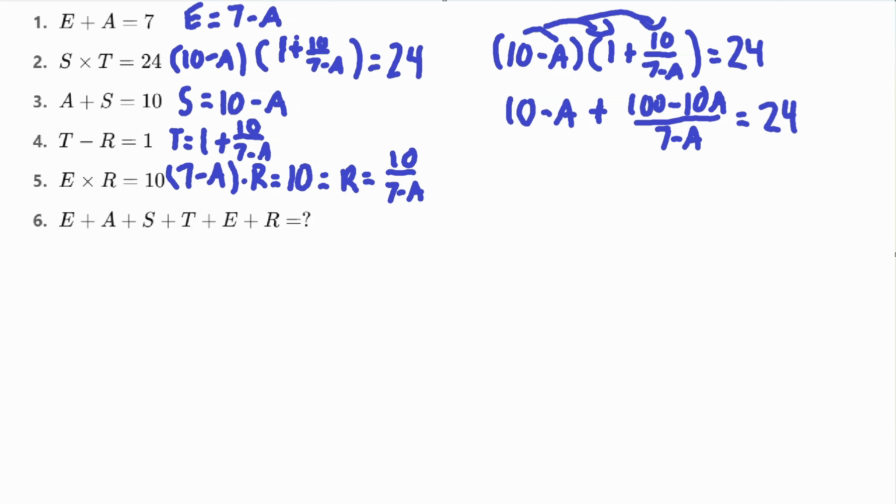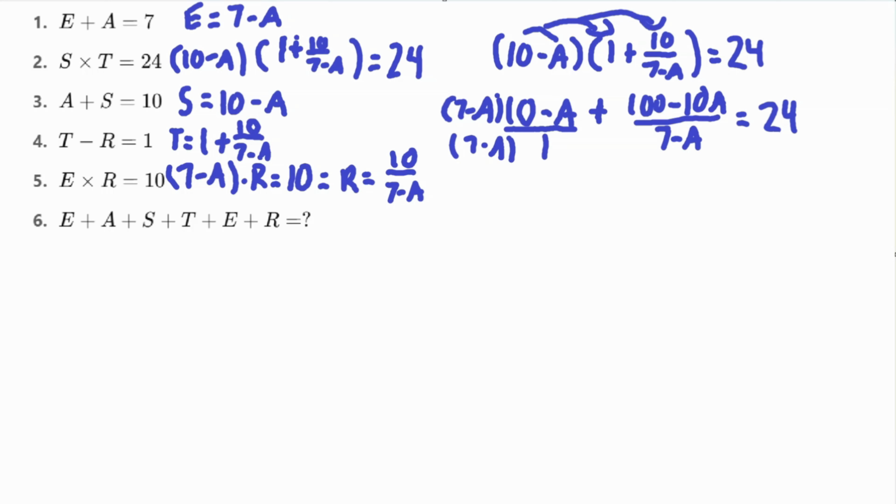So now we have this equation here on the left side. And what I want to do is get a common denominator so we can merge them into one expression. So how do we do that? Well, we see we have a 7 minus A on the denominator, so I'm going to multiply this 10 minus A by 7 minus A on the numerator and the denominator, because remember, right now it has a denominator of 1.